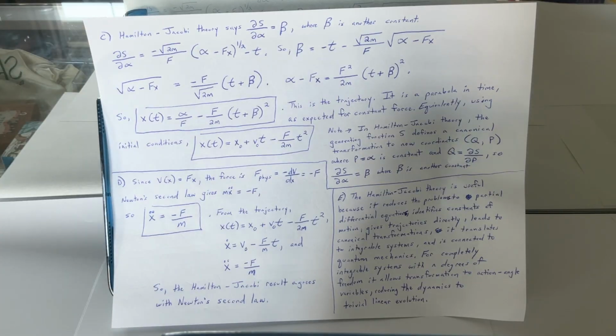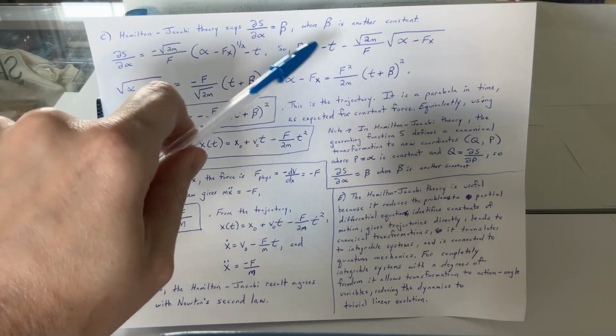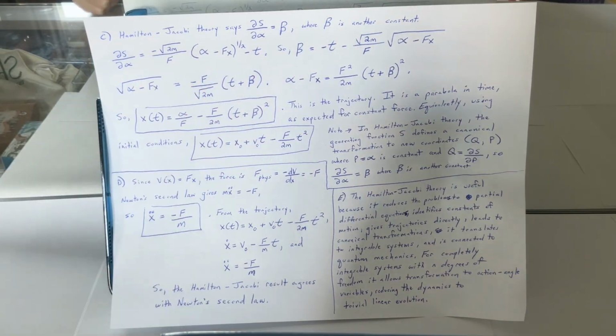For part C, Hamilton-Jacobi theory says ∂S/∂α = β, where β is another constant.